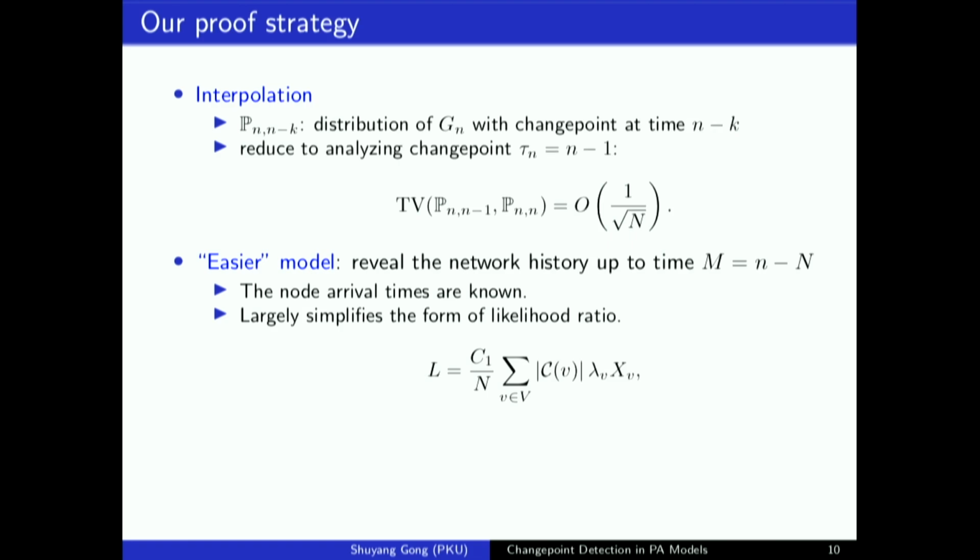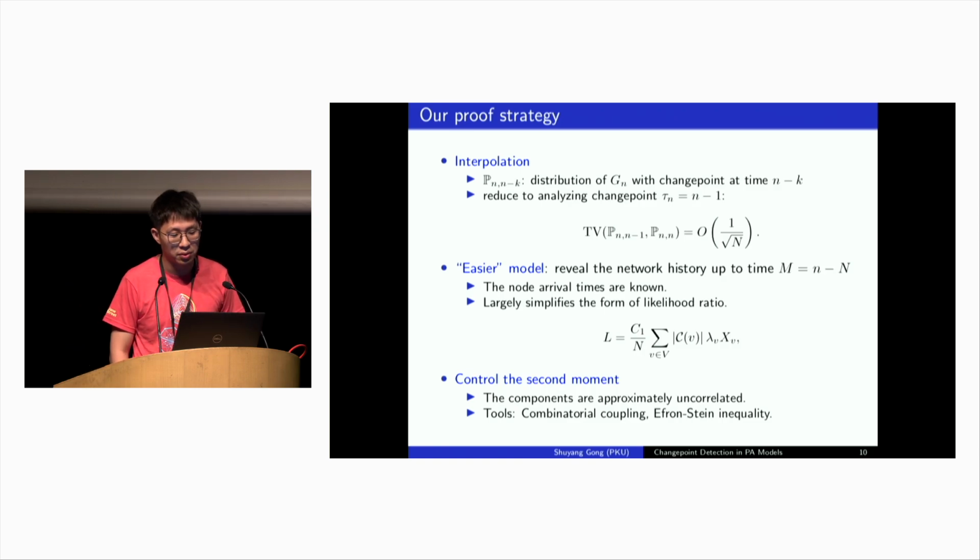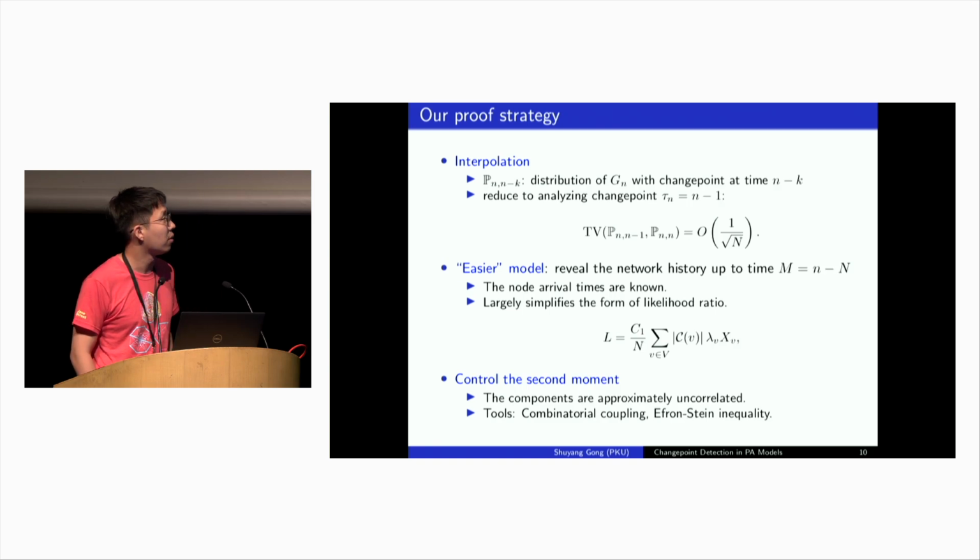Basically, you can imagine decomposing this likelihood ratio into different components after the change point. Each summand is roughly of order 1. If you pretend the summands are roughly uncorrelated, then by taking the variance, you get a 1 over n upper bound on the variance of L.